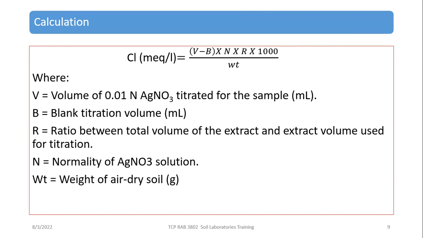B is the blank reading, titration volume also in milliliters, and R is the ratio between the total volume of extract and the extract volume used for titration. This is especially if you have some dilution. N is the normality of silver nitrate, while the weight is abbreviated by WT, the weight of air-dry soil in grams.